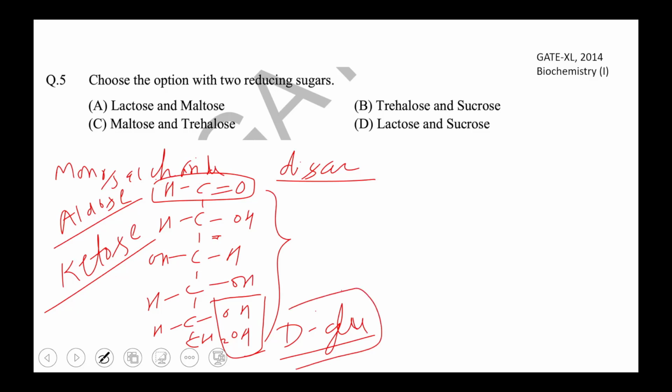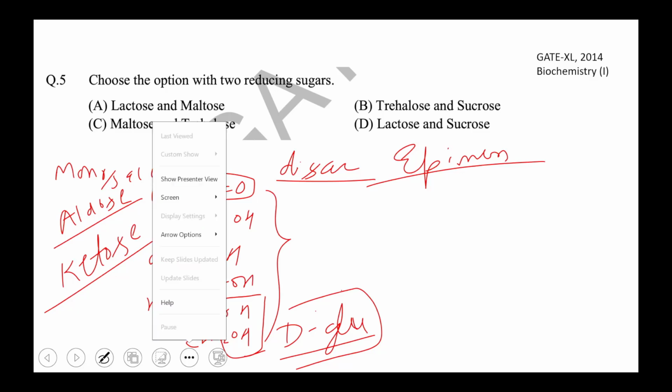So D and L are the two forms of glucose. Other than that, because of the rearrangement of these hydroxy groups, they form different epimers. Here the first carbon has the aldehyde group, then second, third, fourth, fifth, and sixth carbon.